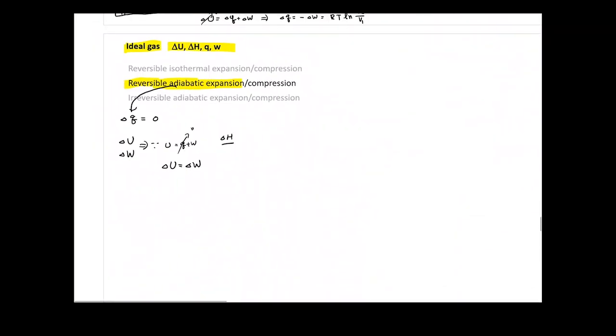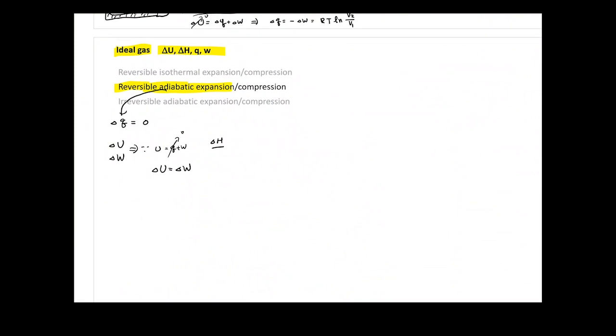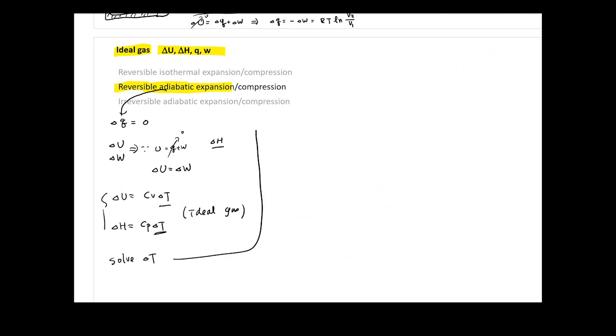So what you should have in mind right now is that your delta U will be just Cv delta T, and your delta H will be just Cp delta T. And this is only true when you have an ideal gas. Now the key thing is, how do you solve for the delta T?